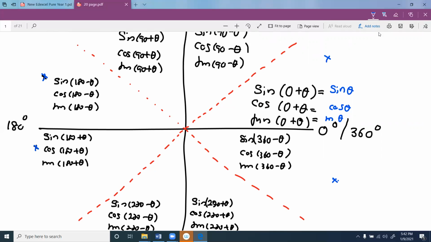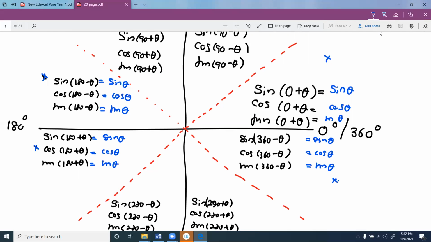Therefore, here this value is sine theta, cos theta, and tan theta. Here also the same thing. Sine theta, cos theta, and tan theta. Over here also you can say sine theta, cos theta, and tan theta.